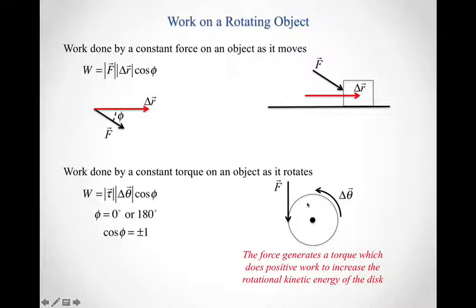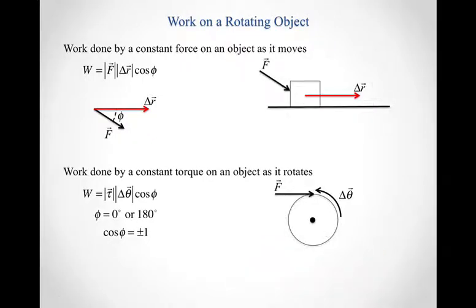Well, let's let the disk continue to rotate counterclockwise, but now let's change the force. Instead of pointing down, let's let it point to the right, and so now it's acting on the top edge of the disk. If you were to push the disk with this force, you can intuitively see that that's going to try and make the disk spin clockwise rather than counterclockwise. So this force acting at this point on the disk is going to generate a torque that makes the disk spin clockwise, which means that torque will actually point into the page.